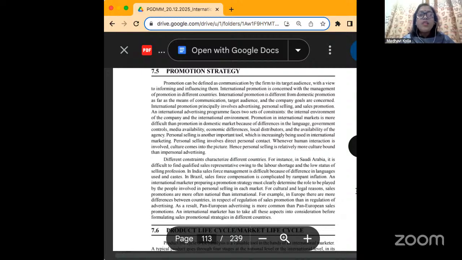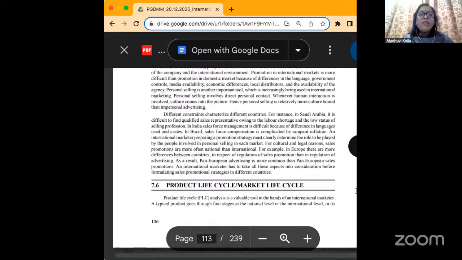Promotion in international markets is more difficult than in the domestic market because of differences in demographic factors like age and gender, socio-cultural and political factors, lifestyle, languages, government controls, media availability, economic differences, the local distributors, and the availability of agencies to promote your products.